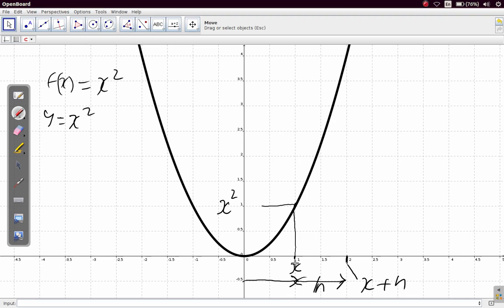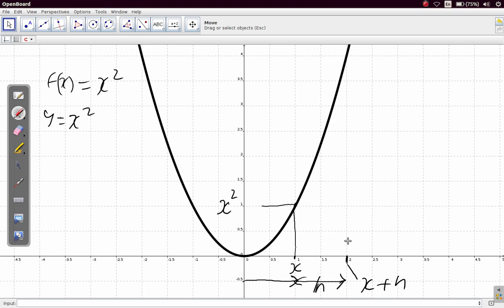For example, if x was 1, and we add 0.5, then we'd end up at 1 plus 0.5, which is 1.5, which is here, right? Now, this is x plus h.